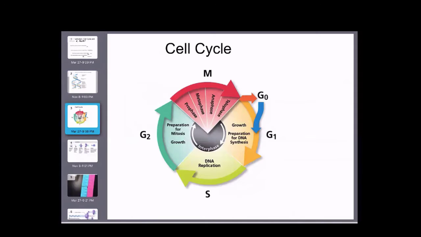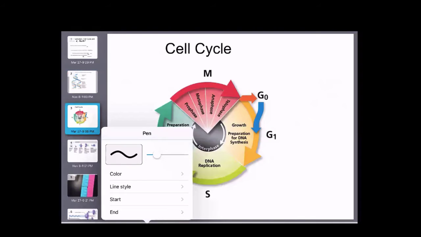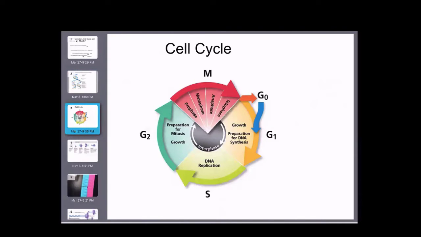So cells live in a cycle. And when we look at the cell cycle, it depends on what kind of cell we're looking at, where that cell actually is. So many of the cells in our body are actually in what we call the G0 stage or G0.